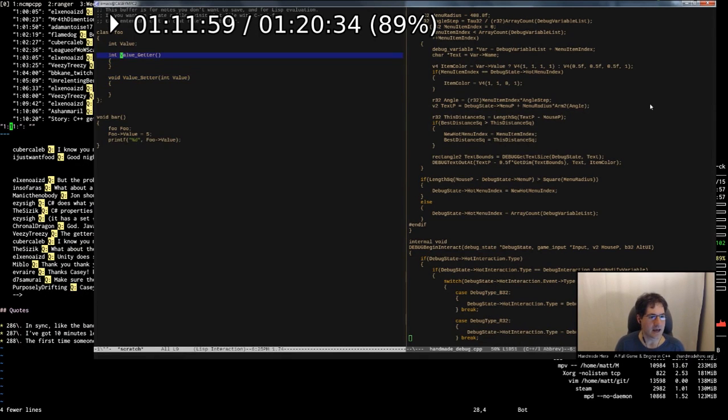Make sense? So without anyone having to change any of the code, it would just silently insert a call to this every time the value got set, and silently insert a call to this every time the variable was accessed. Make sense?